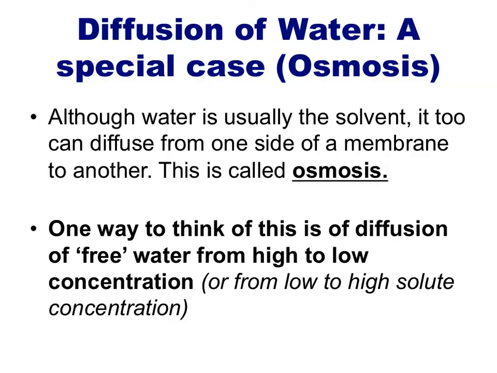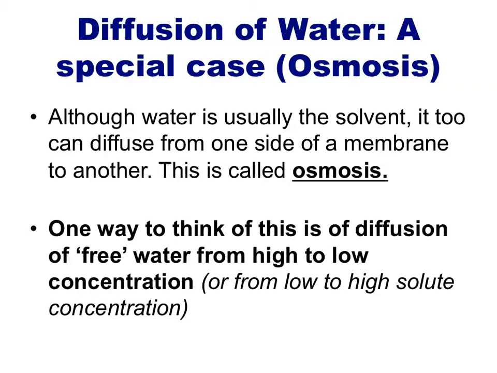Water, a small polar molecule which normally acts as the solvent for many of these molecules, also is able to diffuse across the membrane, as long as it's permeable for a particular membrane or has a transporter. This special case of diffusion, which is the diffusion of water, is known as osmosis.